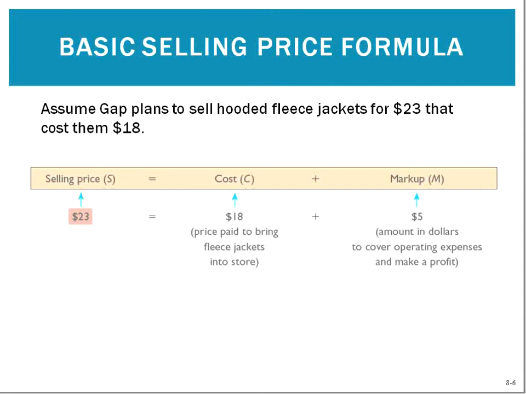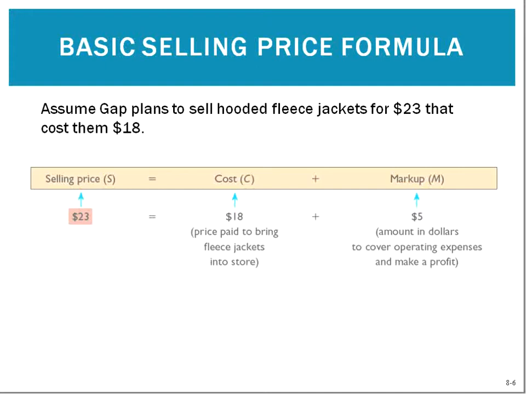So assume Gap plans to sell hooded fleece jackets for $23 and it costs them $18. So we have our selling price and we have our cost. The only one we don't have is the markup. So 23 is equal to 18 plus the unknown, which we figured out is equal to 5.